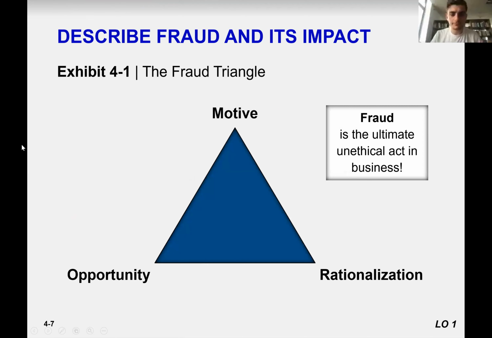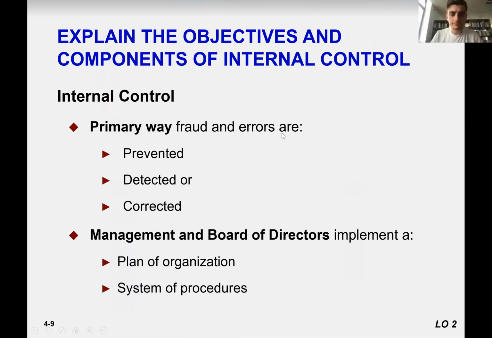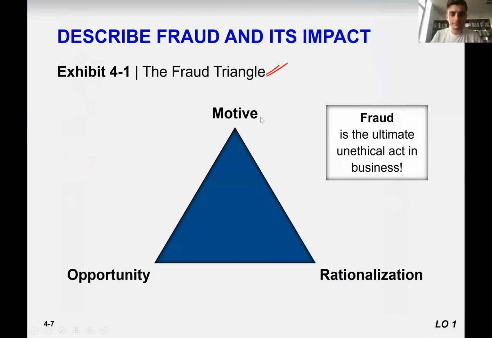The fraud triangle means fraud can be triggered by 3 things: motive, opportunity, or rationalization. So what do we mean by motive? What pushes you? What is the motive behind that?